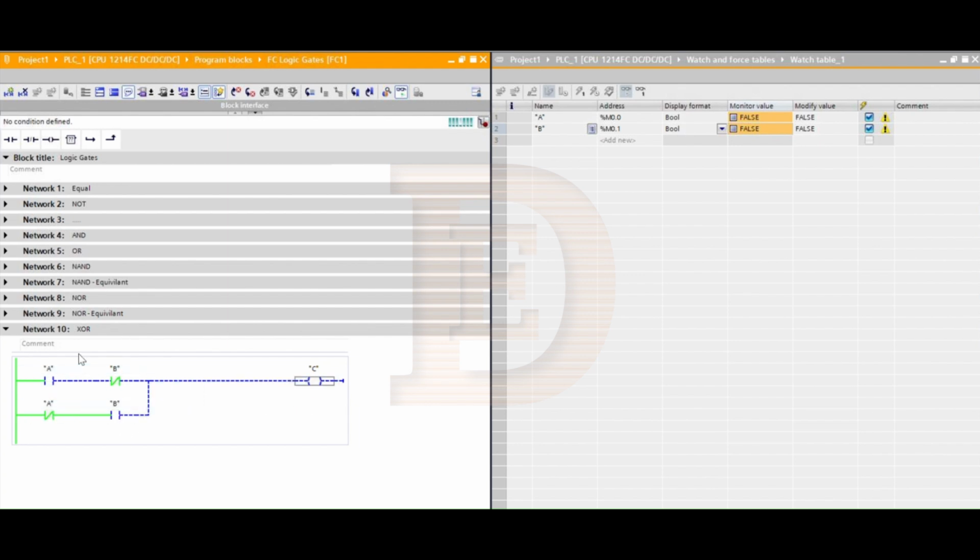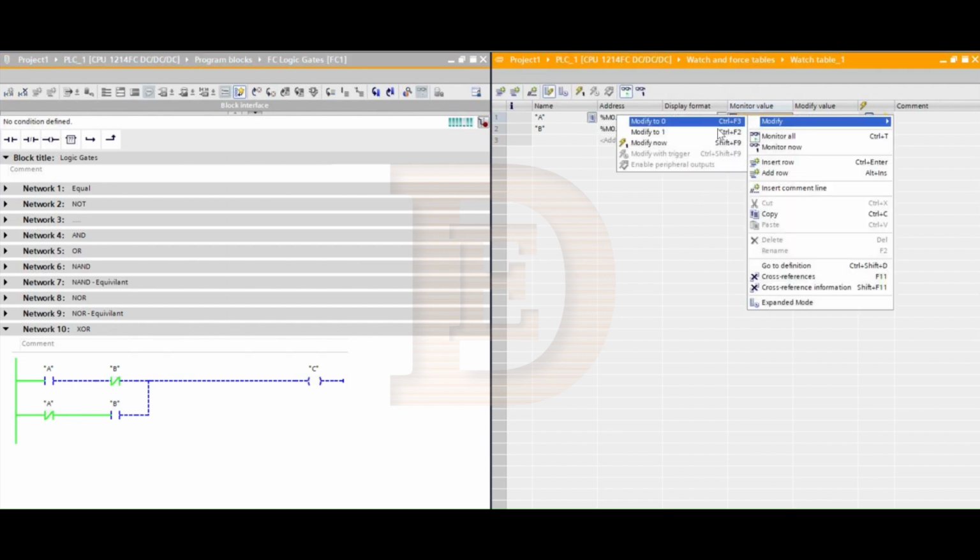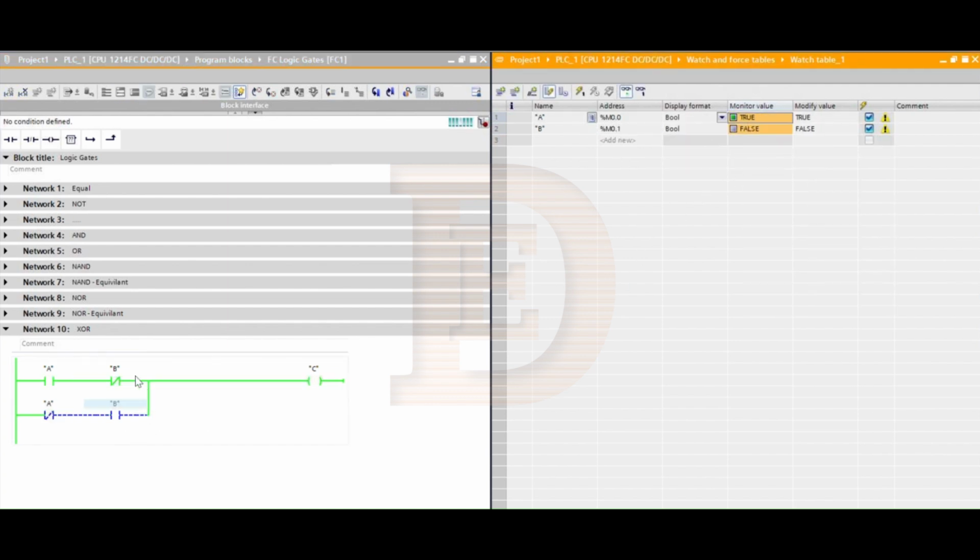Now, how can this branch be true? We know that B is negated, so this switch can be true when B is off or false. This is not a negated switch, so it can be true when A is true. So now if I turn A on, B off, we can get the signal to C to turn it on.